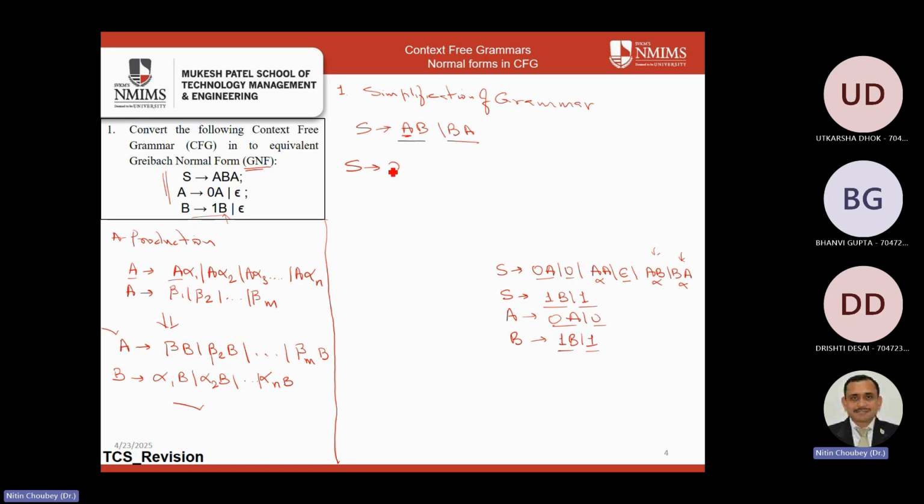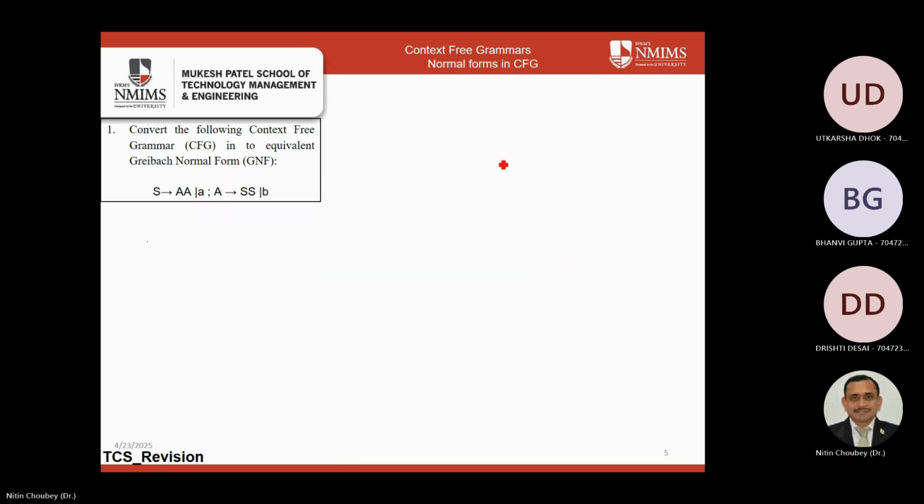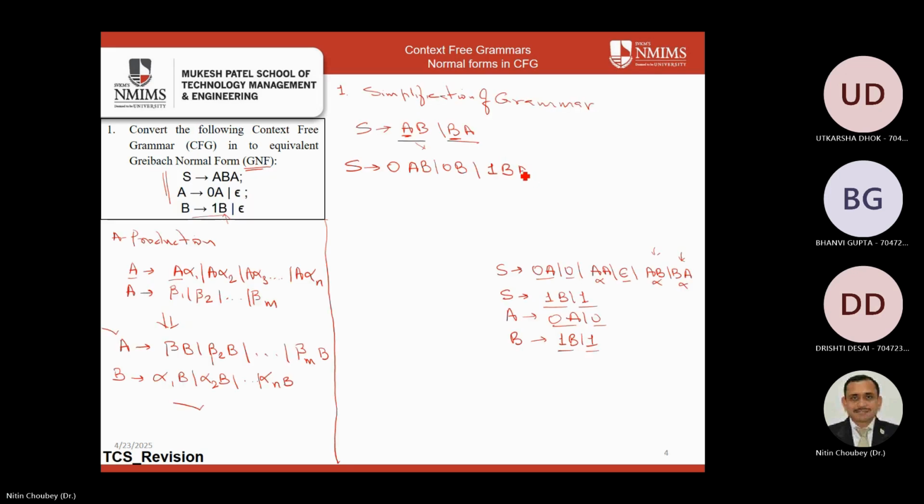So ultimately 0AB | 0B. This is for this. Then for BA, replace this B with its production. So ultimately 1BA | 1A. And the other production rules will remain as they are.